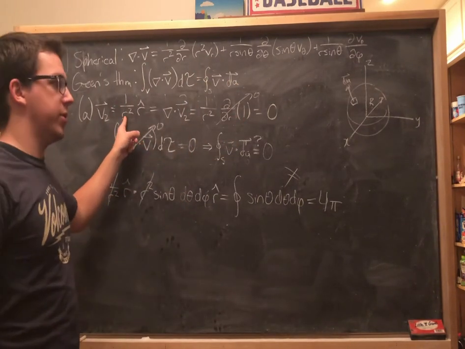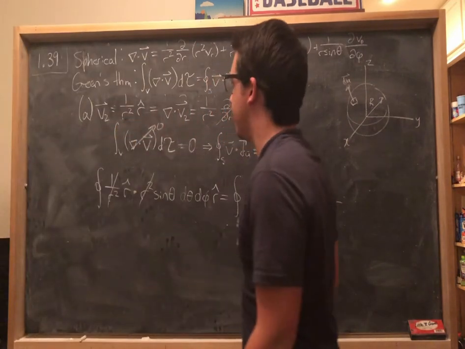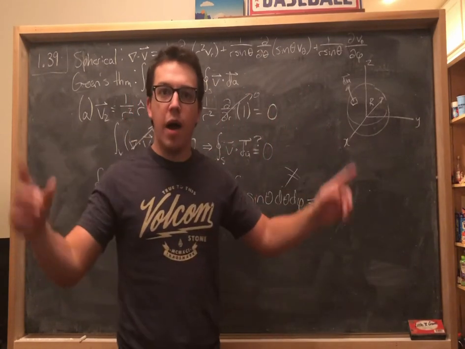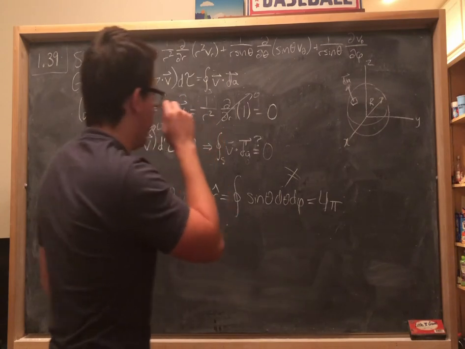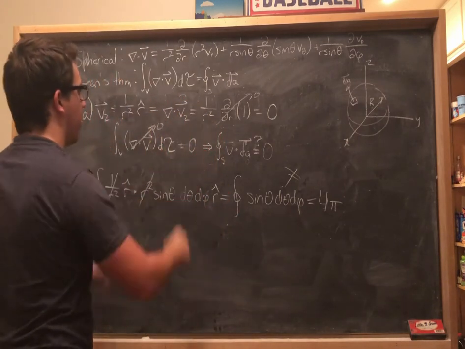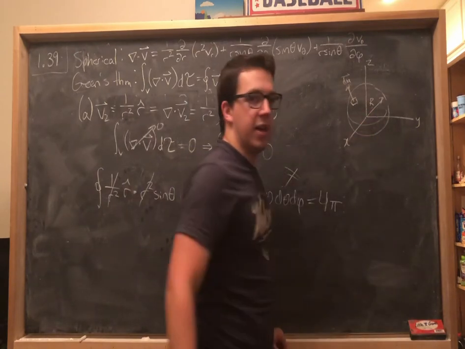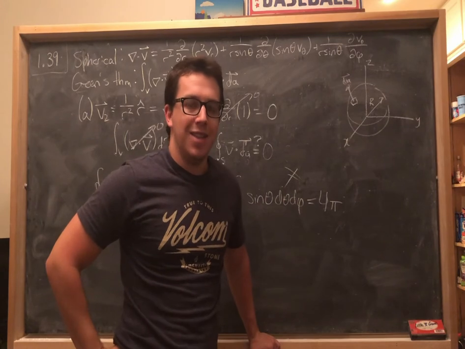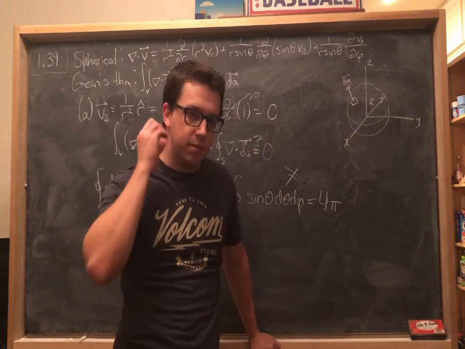But what if r equals 0? If r were to equal 0, we would have 0 in the denominator, and that vector would blow up. So, it seems that we have unwittingly taken along in our calculations something that has blown up at the origin. And that seems to be what might be causing this discrepancy.